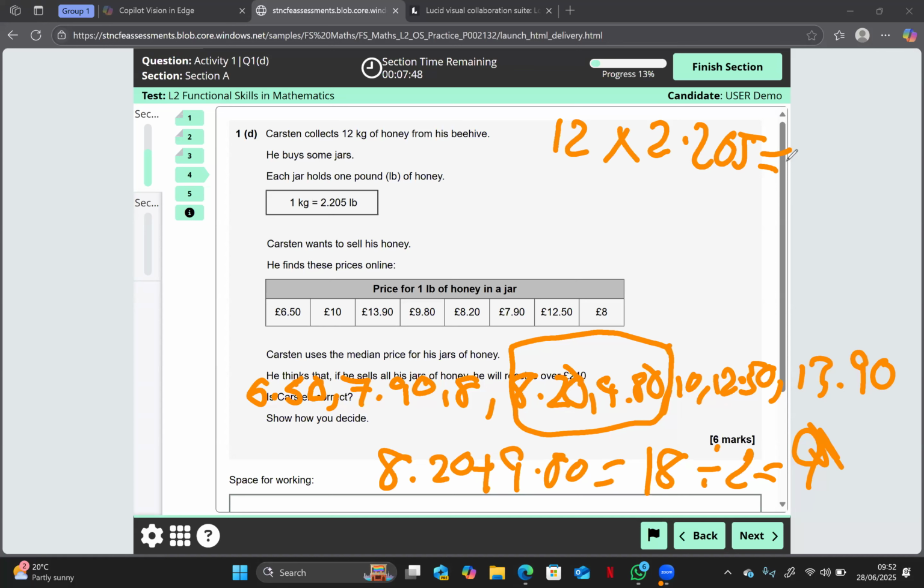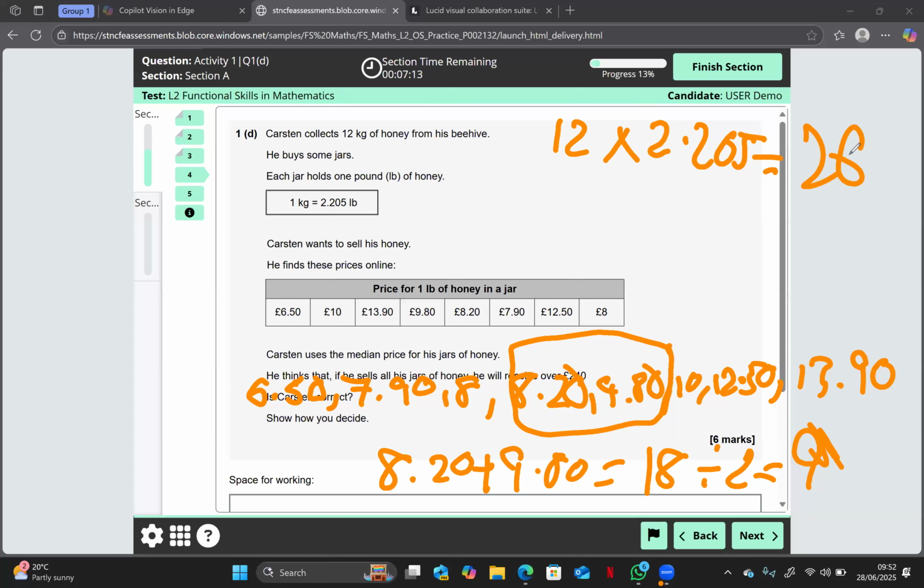That's how many jars of honey he has, as each contains one pound. So if we approximate, he'll have about 26.